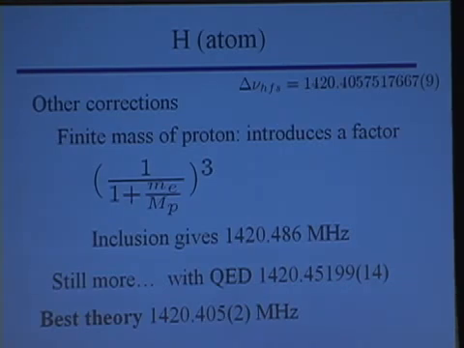And just including this factor, which is called kappa in the business, brings you down to 1420.486. So you're only 80 kilohertz away from experiment. And then QED and hadronic corrections and things, which are challenging and are done by people like Sapirstein and Pachucki and others, can bring you down to this best theory value, which is down to 2 kilohertz uncertainty.